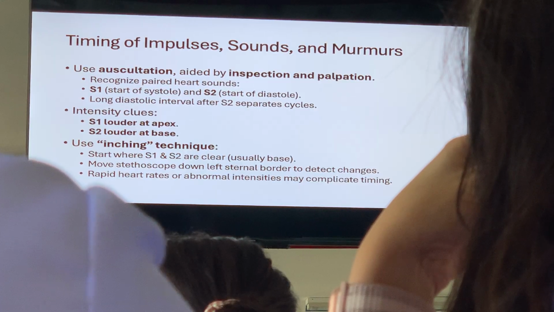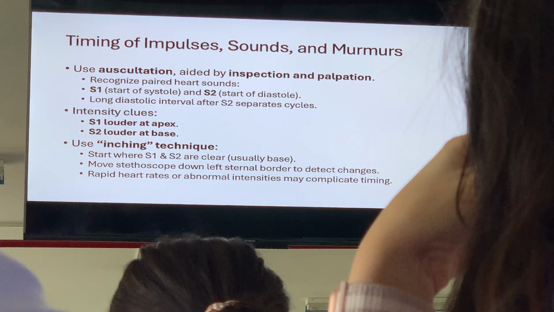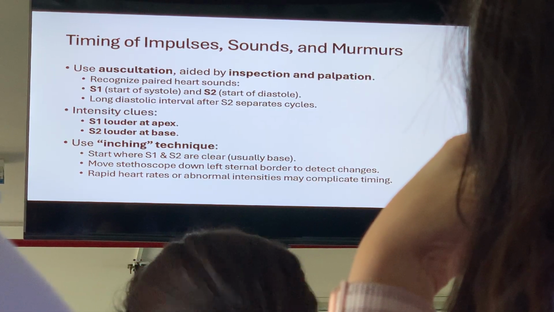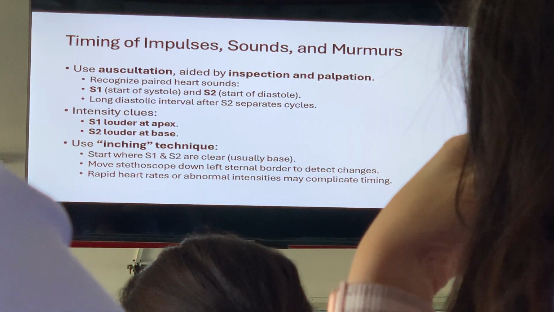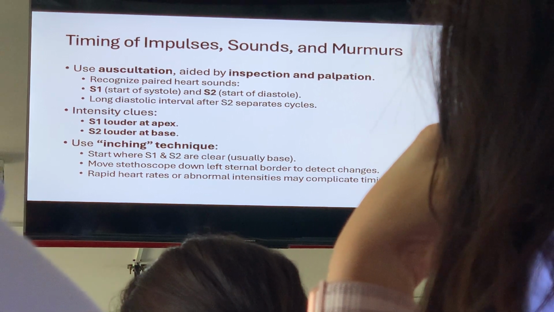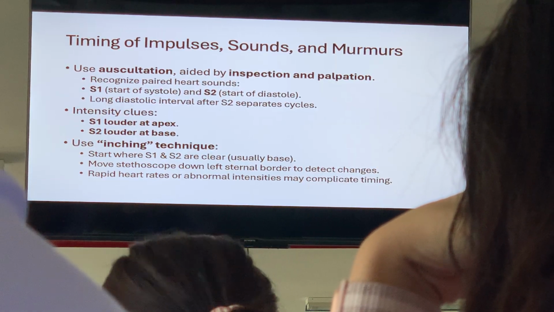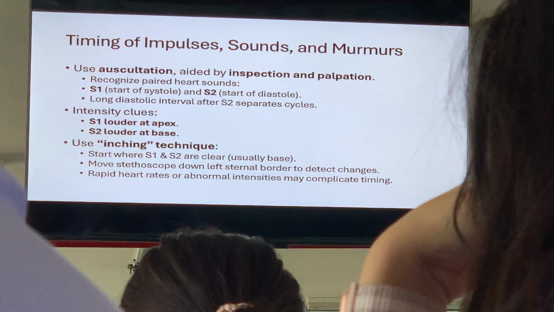So S1 is produced by the closure of which valve? Learning issue: what valves are closed during S1 and S2. Intensity of S1 is loudest at the apex, and intensity of S2 is louder at the base.